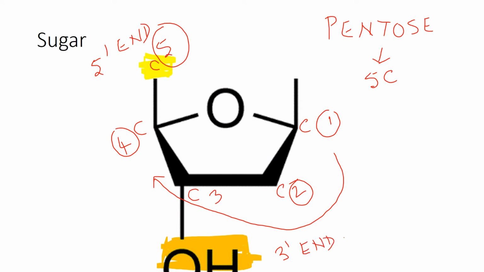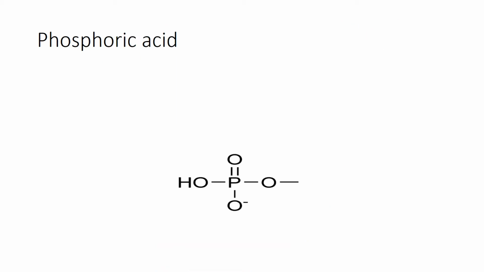So you just remember for the time being that the sugar has two carbons which are very reactive. One is the fifth carbon and the second is the third carbon. Okay. Now we come to the second component. The second component is the phosphoric acid, and this phosphoric acid is in the form of phosphate ion, which is linked to the ribose sugar at the fifth carbon.